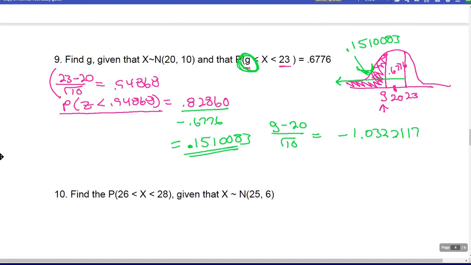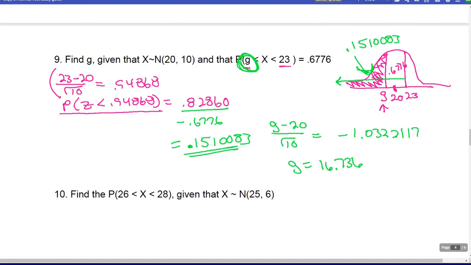Multiply by the square root of 10. What do you get for G? I got 16.736. Okay.